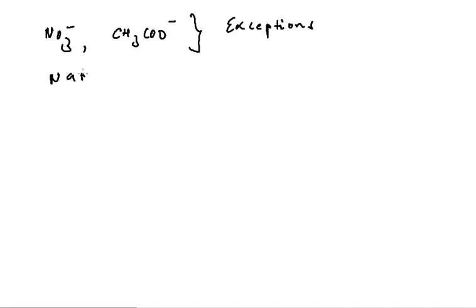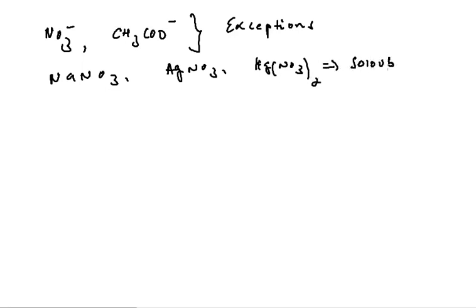I can give you some examples of those ions. Nitrate ion, for example, and acetate ion. They don't have any exceptions. They can easily be soluble in water. So for example, if you have sodium nitrate, or any heavy metals like silver nitrate or mercury nitrate, they are soluble in water. There is no exception here.